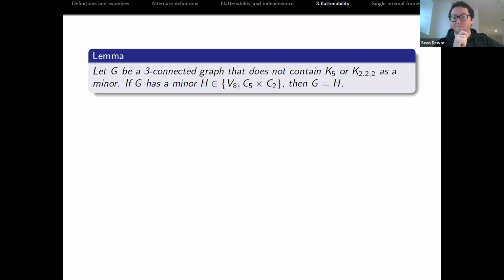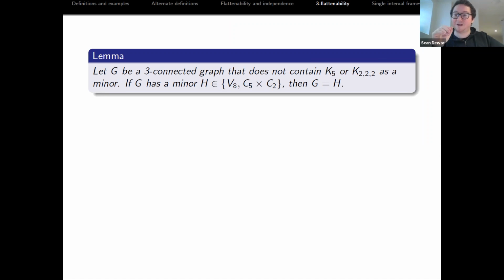And you can kind of see why we're going to need this, because what we're going to prove later is that these 2 graphs are not 3 flattenable. We know that if we have a partial 3 tree, so a graph that doesn't contain this, this, this, or this, then we know for a fact that it's 3 flattenable.